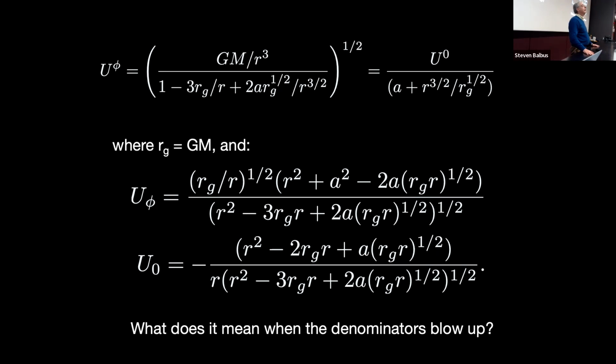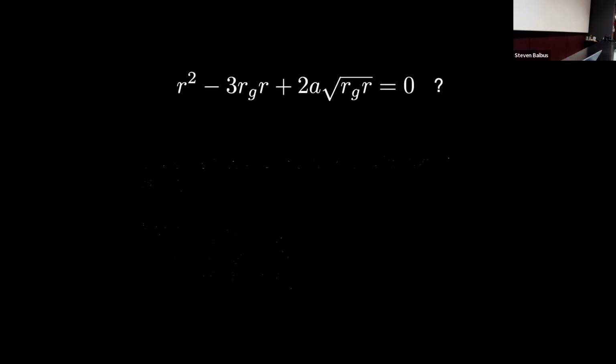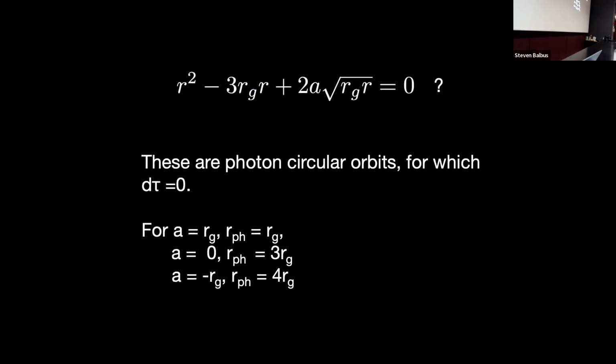No, not a singularity, it's much nicer than a singularity. What thing has d tau equals 0? Yeah, photons. So when that blows up, that's the orbital radius of a photon. Got that for free. That's exactly what that is. So that's kind of nice. These are the photon circular orbits.